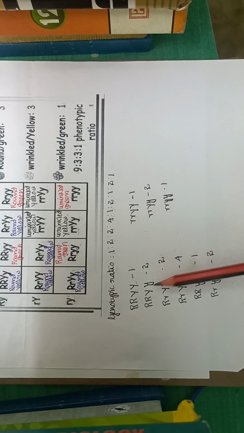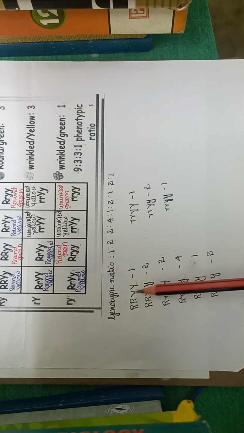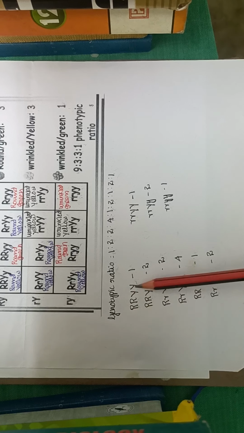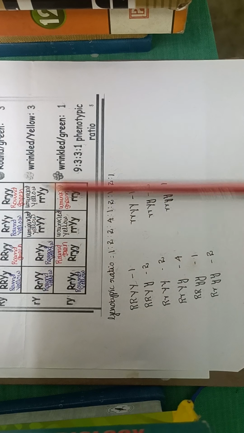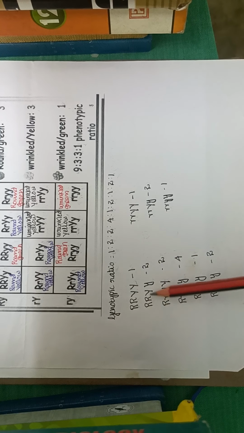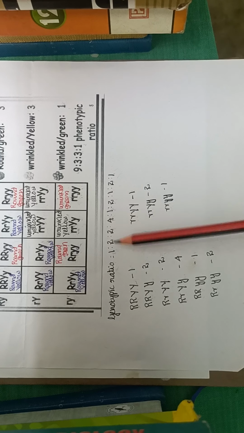1:2:2:4:1:2:1:1. So you can see, children, capital R, capital R, capital Y, capital Y. That is, here you can see all the 4 genes are dominant. In this genotype, how many individuals are formed here? 1. Okay, so capital R, capital R, capital Y, small y contains 2 individuals. So 2.